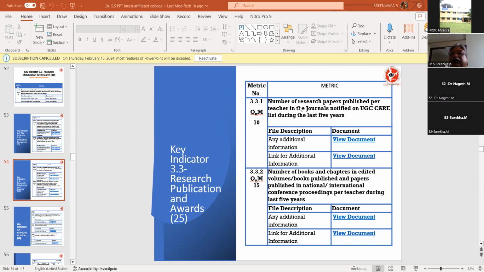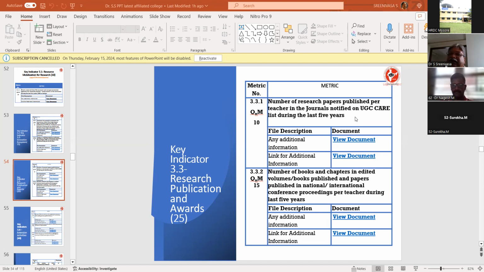And here, the number of research papers published per teacher in the journals. So let us assume that your institution is having 50 teachers. Okay. So 50 teachers, if they publish one paper, 50 papers are needed per year. This is data we are collecting for 5 years. So if there are 50 teachers, 250 publications if you produce, then each teacher will get one.